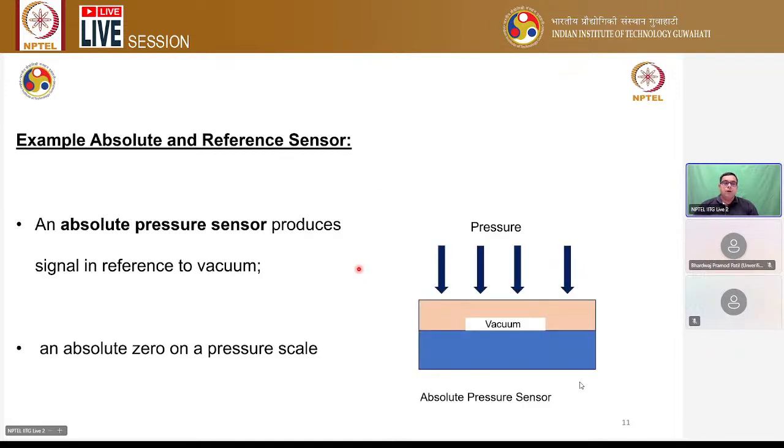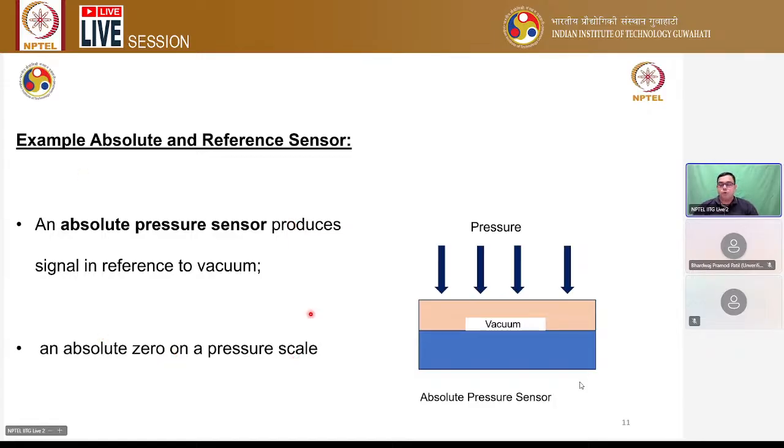A good example of absolute and relative sensors is a pressure sensor. The absolute pressure sensor produces a signal in reference to a vacuum, or an absolute zero on a pressure scale.